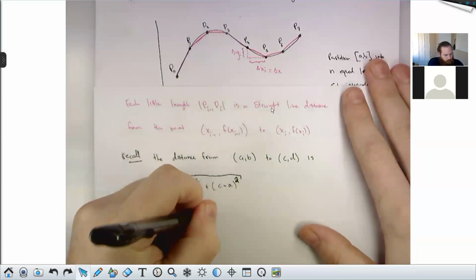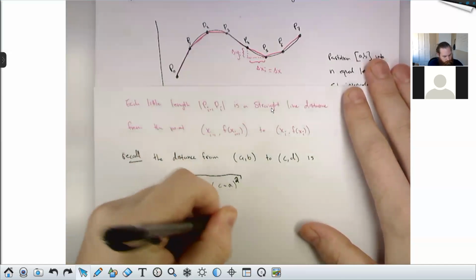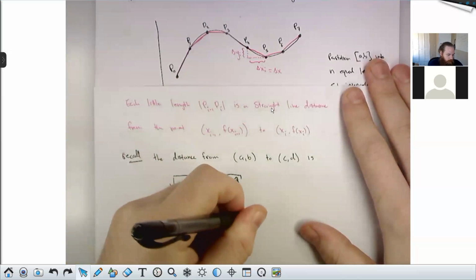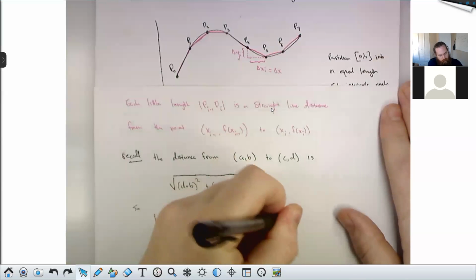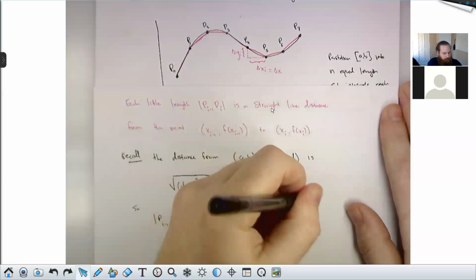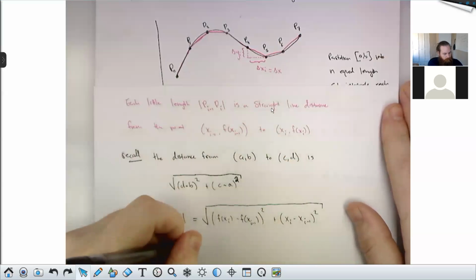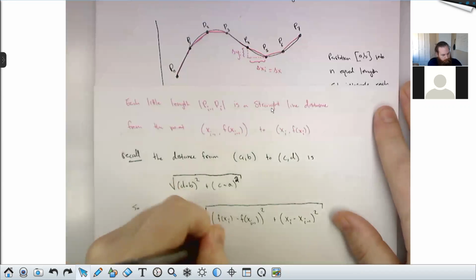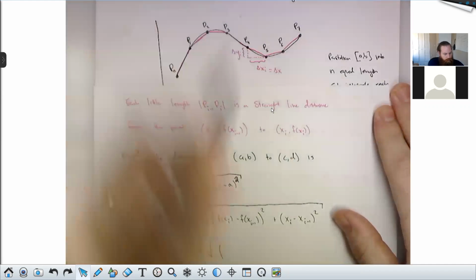The y values, this is f of xi minus f of xi minus 1 squared plus xi minus xi minus 1 squared, which is this difference of y values here.